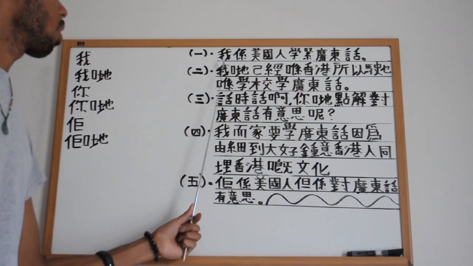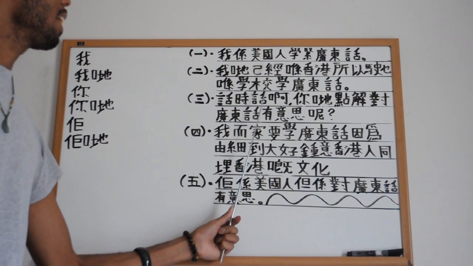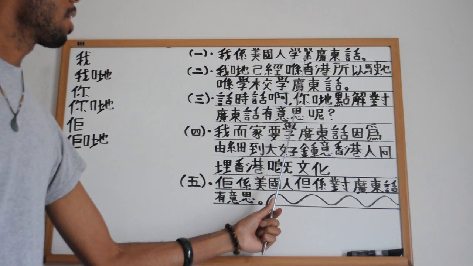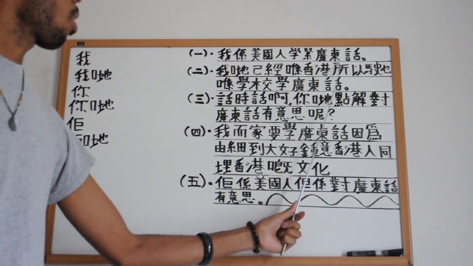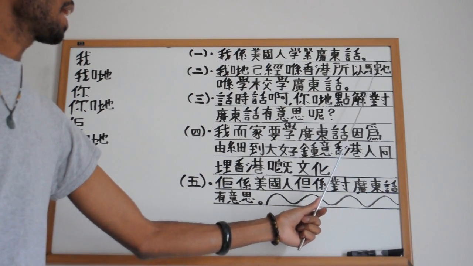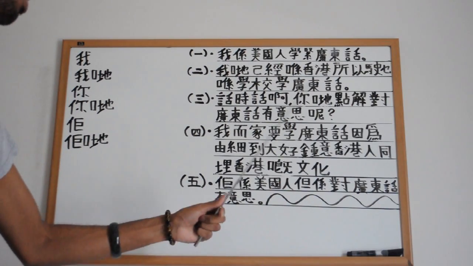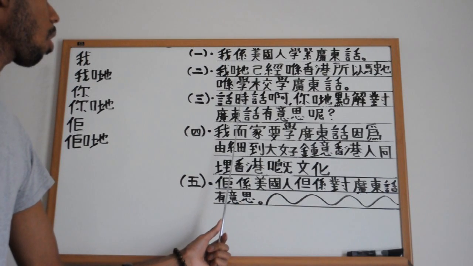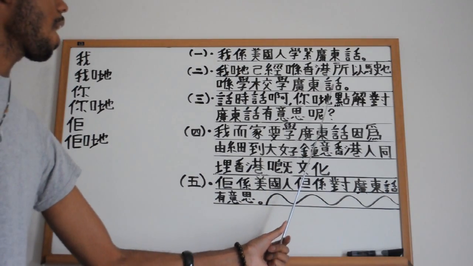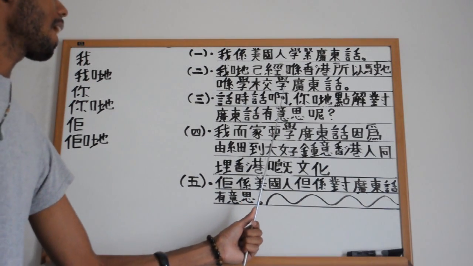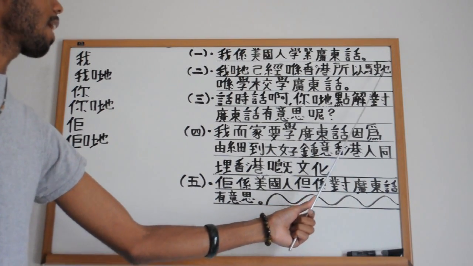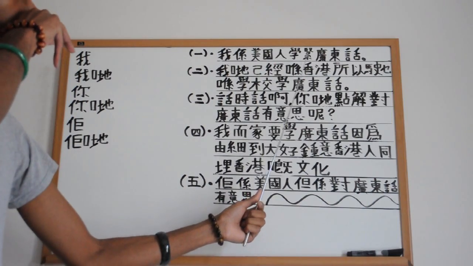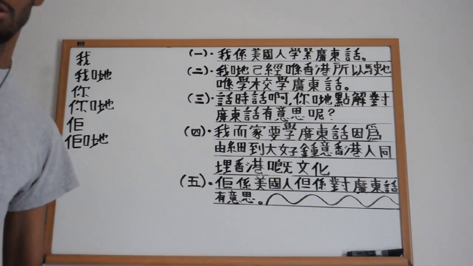So 我哋, we, 已經, already, 喺 means at, 香港, this is Hong Kong, 所以, therefore, 細密, this means no need to do this, no need to do that. 喺, again, at, 學校, at the school, 學, study, 廣東話. So again, 我哋已經喺香港, 所以細密喺學校學廣東話. We are already in Hong Kong, therefore no need to study Cantonese at the university.